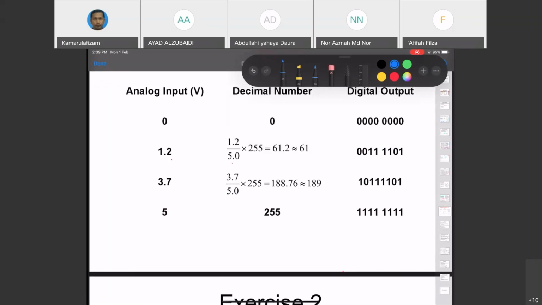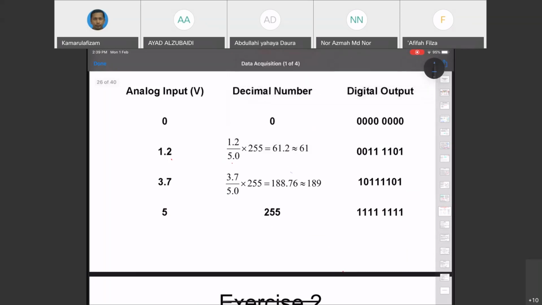All right. Again, let me recap before we continue further. This is the analog values, in terms of voltage. Then this is more or less the decimal representation. And this is basically the digital output representation, depending on the number of bits.